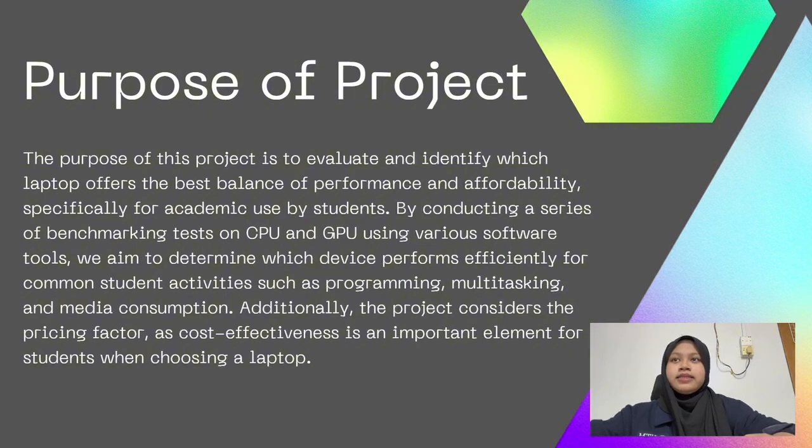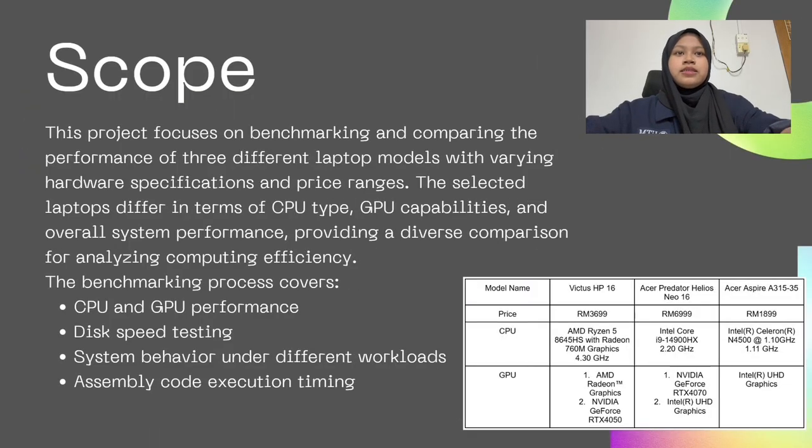Next slide is the scope. In the scope of the project, we benchmark 3 laptops. The first is Victus HP 16, priced at 3,699. The second laptop is Acer Predator Helios Neo 16, priced at 6,999.